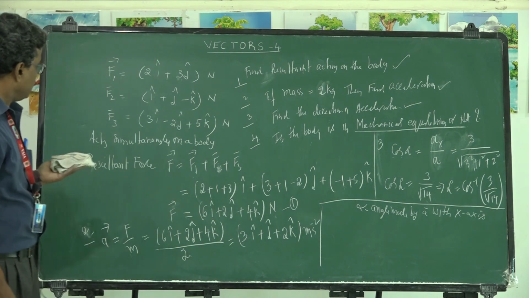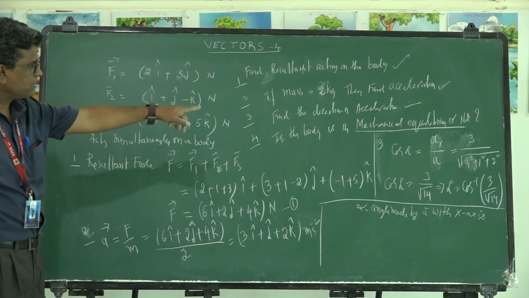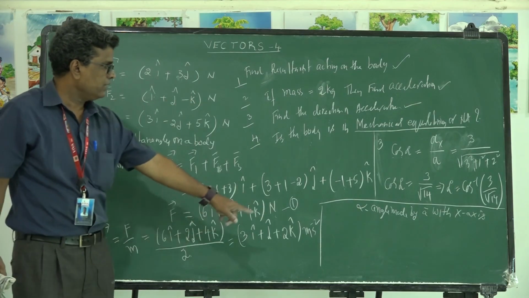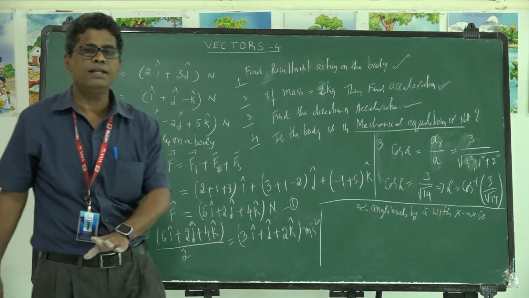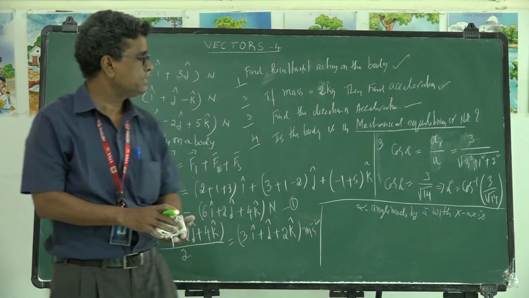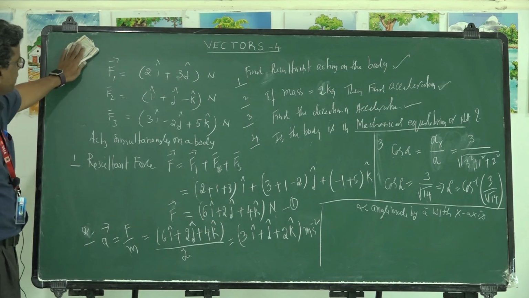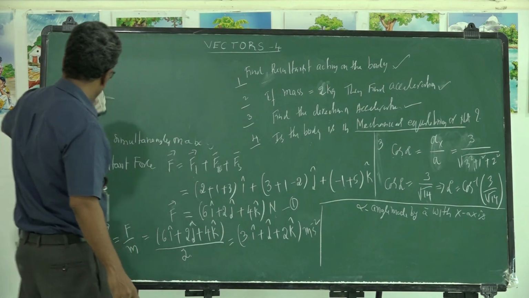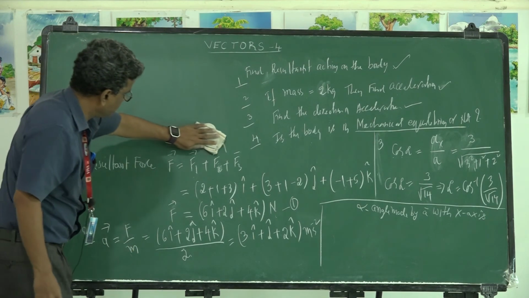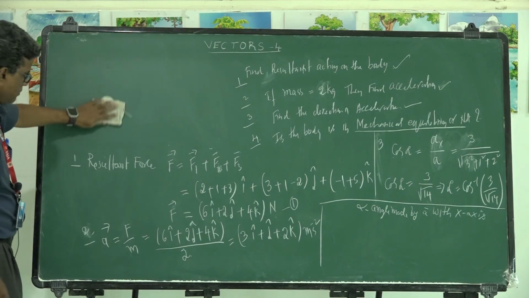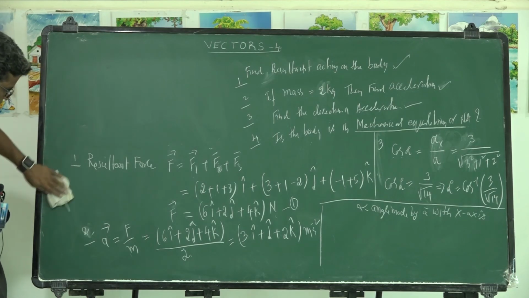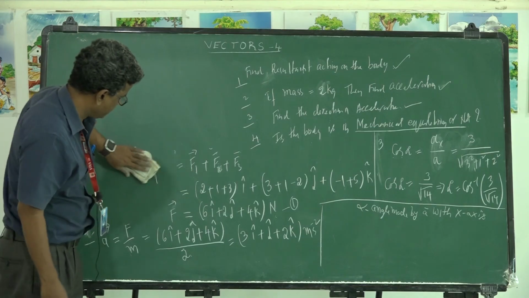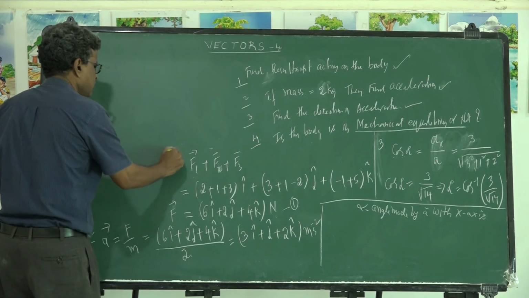So, if the resultant force is not zero, then the body is not in mechanical equilibrium. So, this is the concept of mechanical equilibrium. I will explain this concept. This is the resultant force.